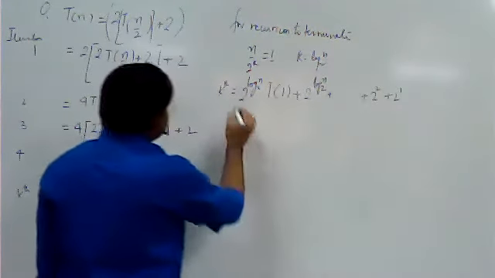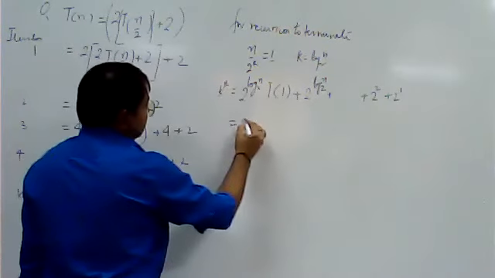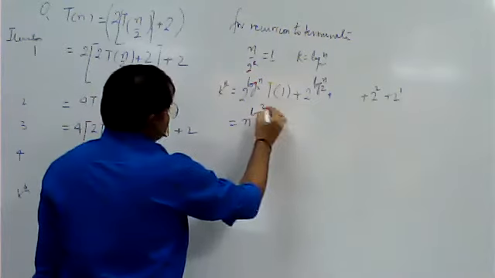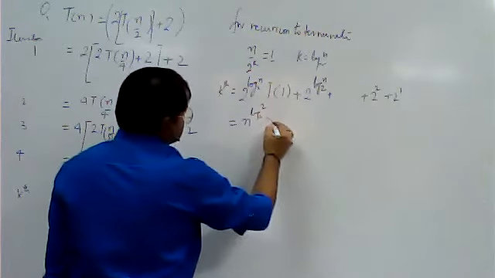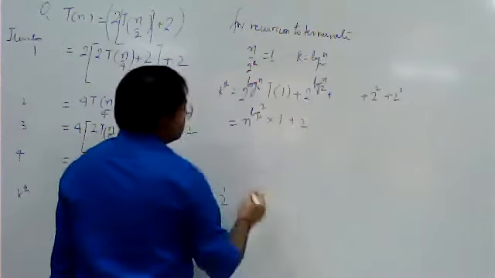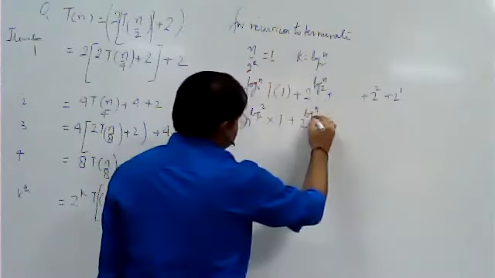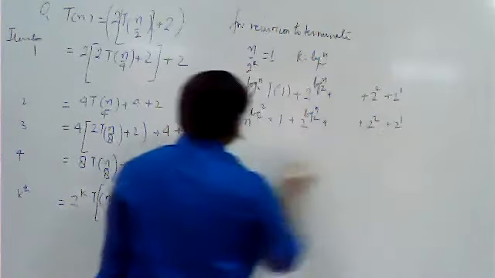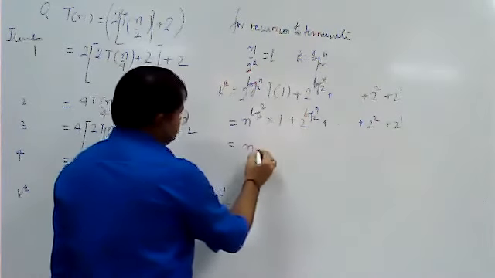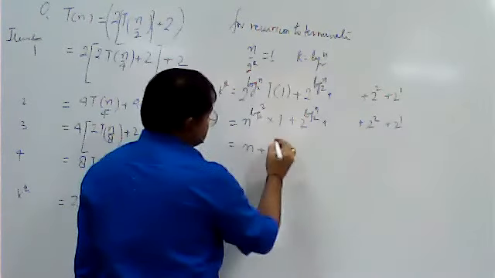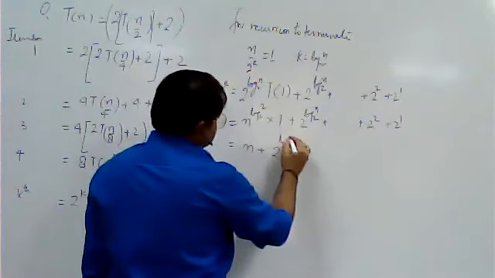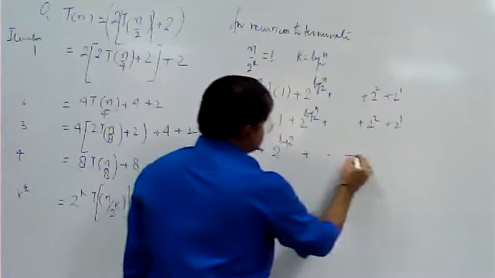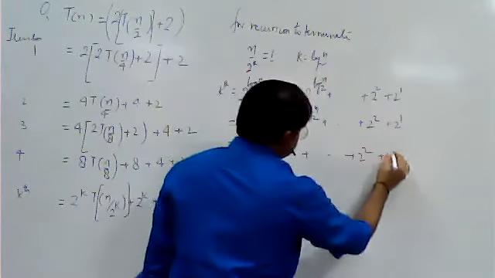So this we can write as n to power log 2 base 2 into 1 plus 2 to power log n base 2. So this is n plus 2 to power log n base 2 plus 2 to power 2 plus 2 to power 1.